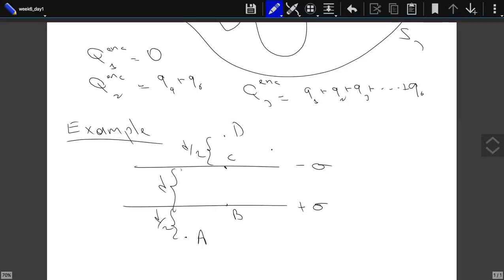Well, let's take such a Gauss surface. This is our Gauss surface with some arbitrary top. What is the Q enclosed?